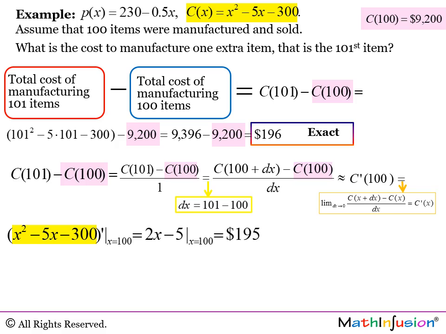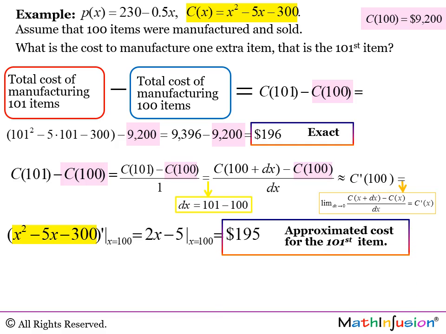This is really not a bad estimate. The exact cost of producing the 101st item was $186 and the approximated cost is $185.